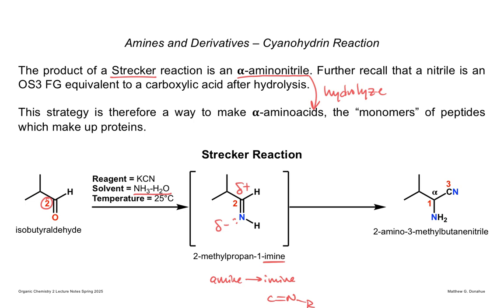And so the product now, we see there's the alpha carbon, so alpha amino, and then the nitrile. And again, acid or base will make an alpha amino acid.